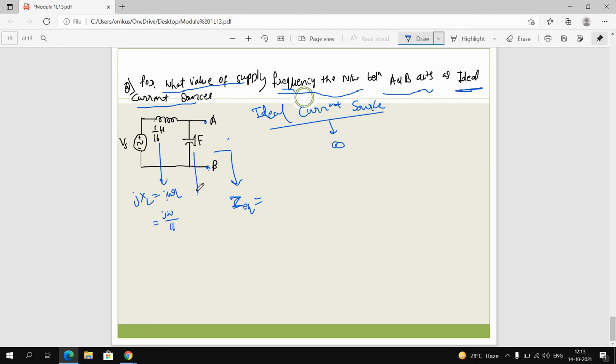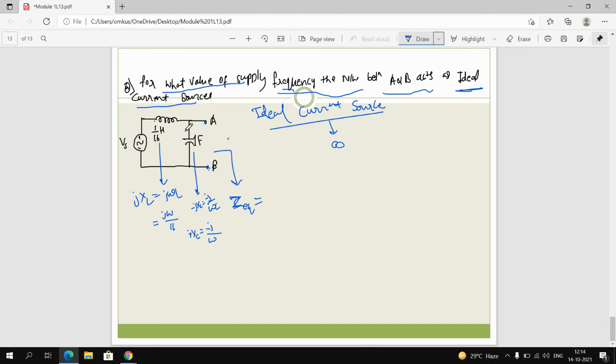And what is this XC? Minus jXC is equal to minus j by omega C. What is the value of C? It is nothing but minus j by omega, because the C value is 1. Okay, so this is your minus jXC.